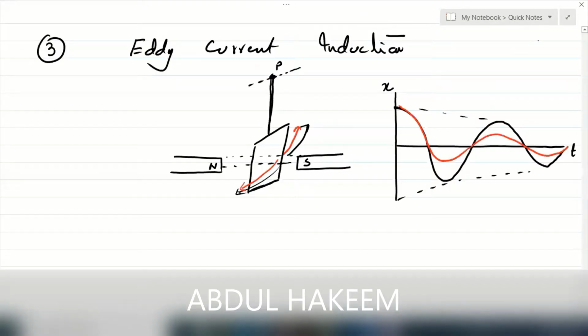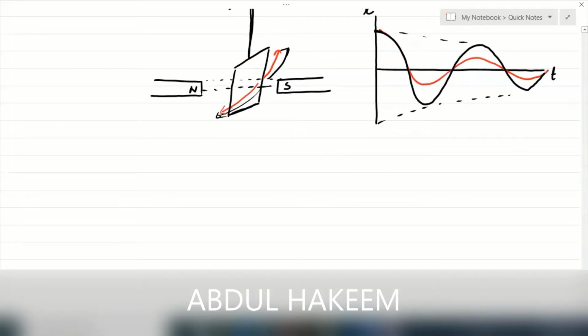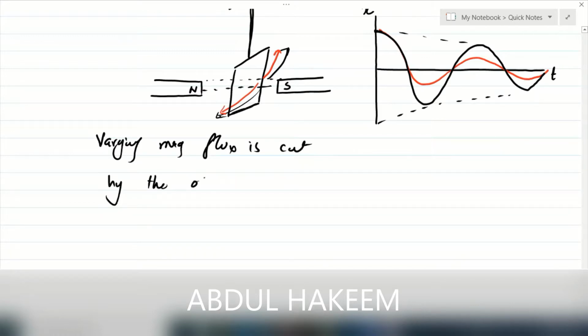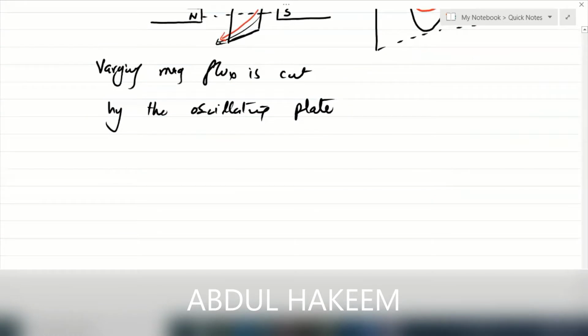Now the reason is the plate is of copper. It's not attracted by the magnet, but due to oscillation inside the magnetic field, varying magnetic flux is cut by the oscillating plate. According to Faraday's law, EMF is induced in the plate.